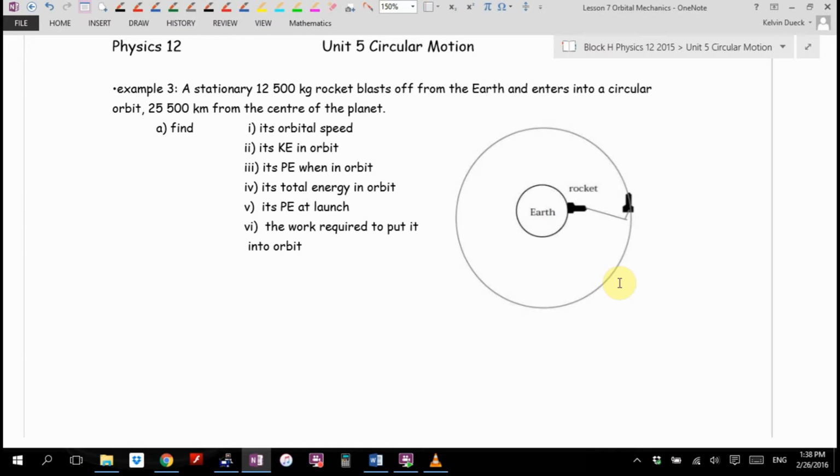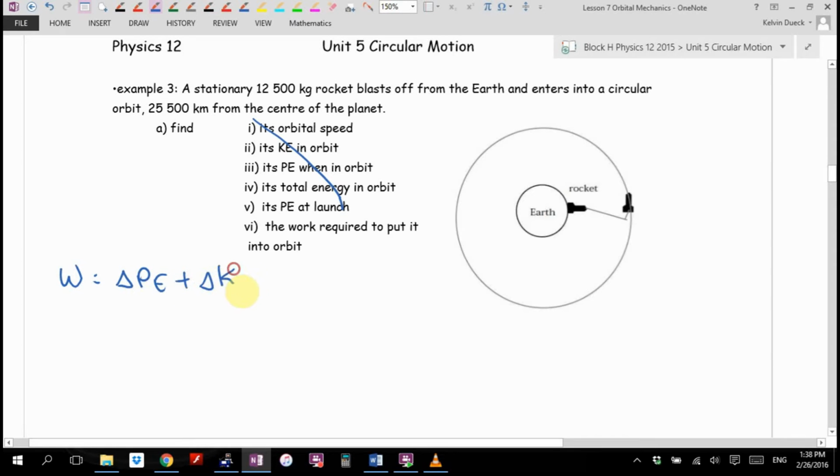How much? Oh, so if you want to, you can just kind of do this. Why can't I go force times distance? Yeah. Change in potential. Change in kinetic.